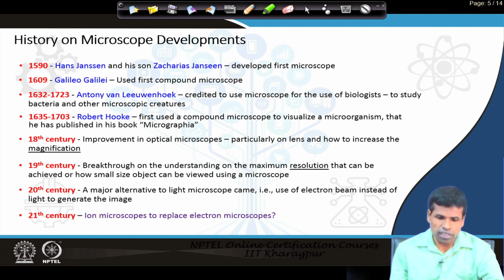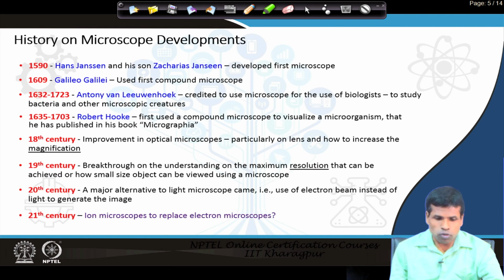We will see in this century, in the next 30-40 years, how much of the electron microscope will be replaced by the ion microscope. Indeed, experts believe that both will exist for the next several decades, and they are unique in their own sense.